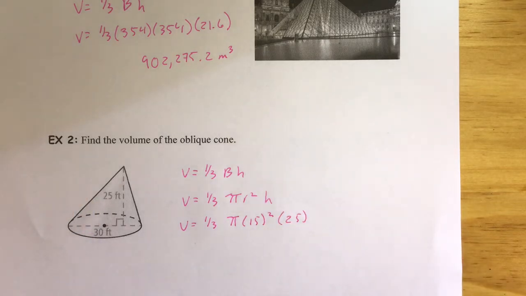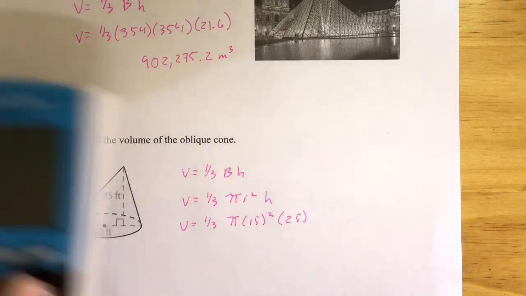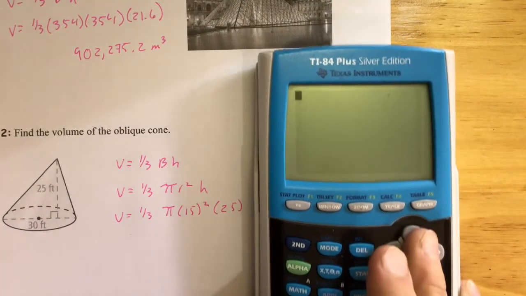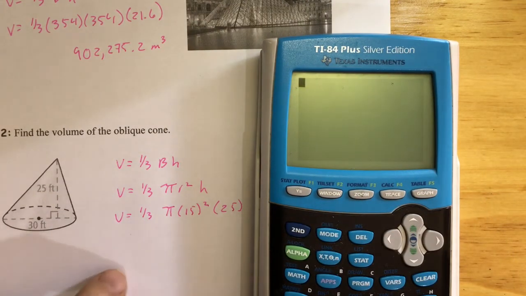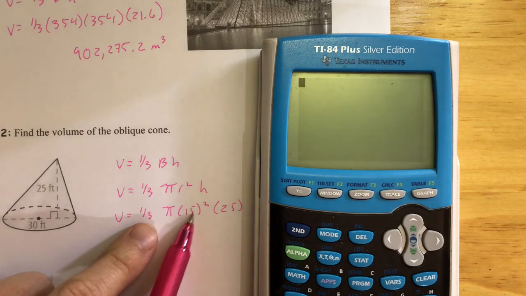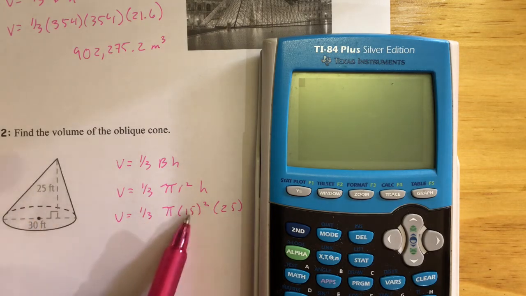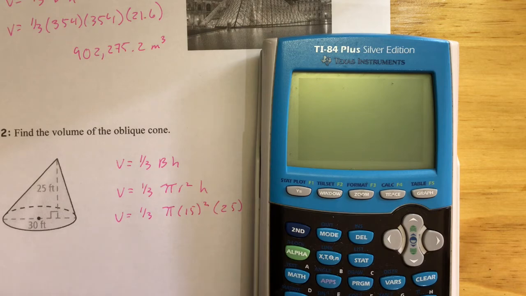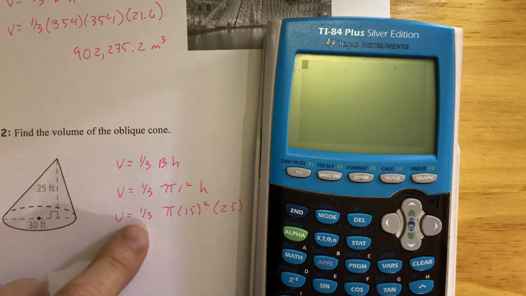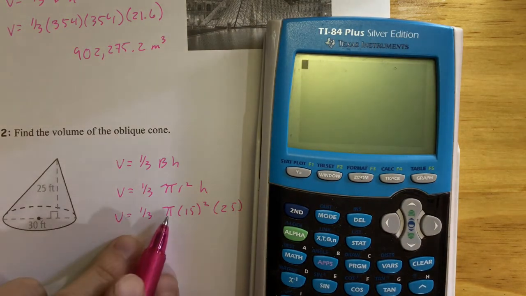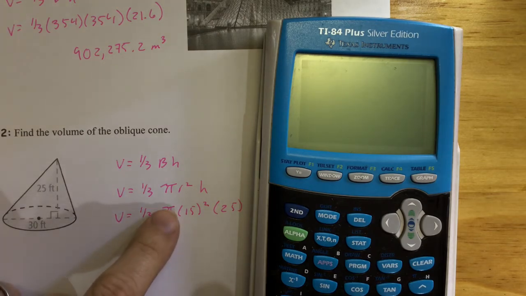Again, the number is a little bit larger, so I'll just use a calculator to type everything up. Some of it you could probably do as mental math, like that's 225, but 225 times 25 is a little bit large to do, so I'll just type it all in. I'll leave out the pi symbol totally so I can just write this in terms of pi at the end.